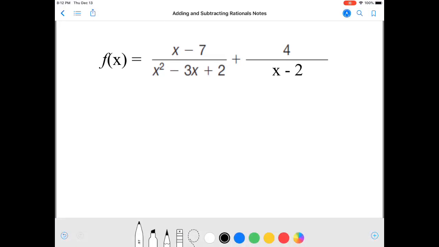So I bet you're wondering what we do with this problem now. I know, they keep getting more complicated. It's going to be hard to figure out what we multiply x minus 2 by to get that least common multiple.